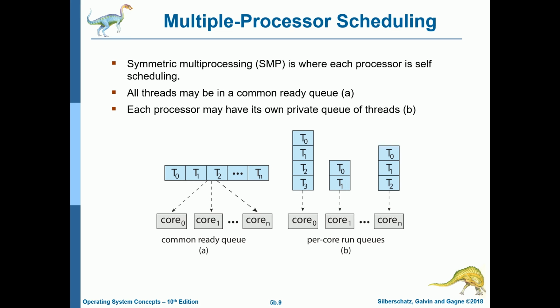Number one, all threads may be in a common ready queue. Or number two, each processor may have its own private queue of threads. Virtually all modern operating systems support SMP, and this includes Windows, Linux, Mac, as well as a lot of mobile systems including Android and iOS.